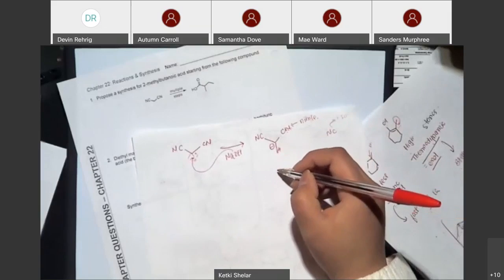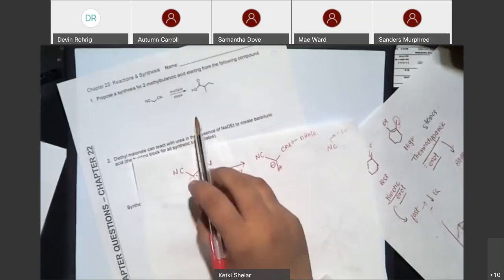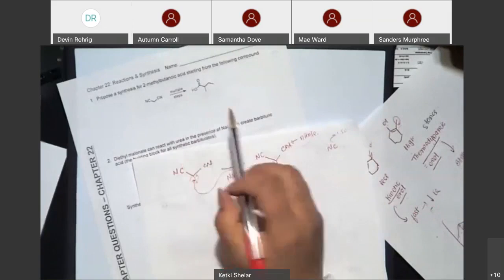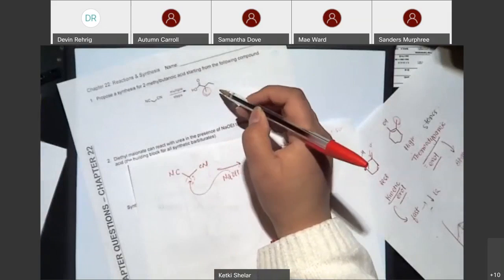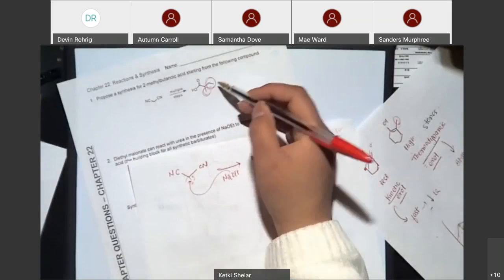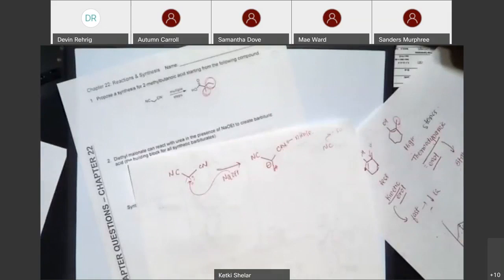So right now here, when you see the structure, what needs to be added? There is this hydrogen, and then there is this thing which needs to be added.